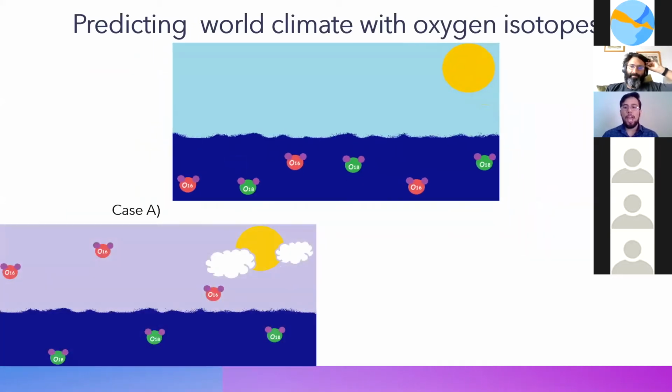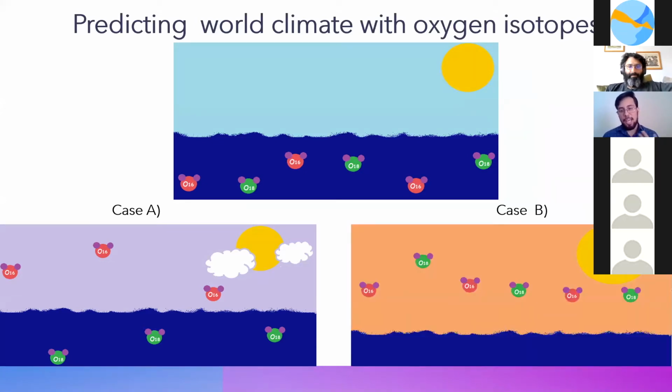The energy of the sun is going to be able to evaporate this water. And we have two cases. On colder days, the energy is not going to be enough to evaporate heavier isotopes, meaning that oxygen 16 will be able to evaporate, then it will come back as precipitation, and hopefully, we cross our fingers, it lands in an ice body.